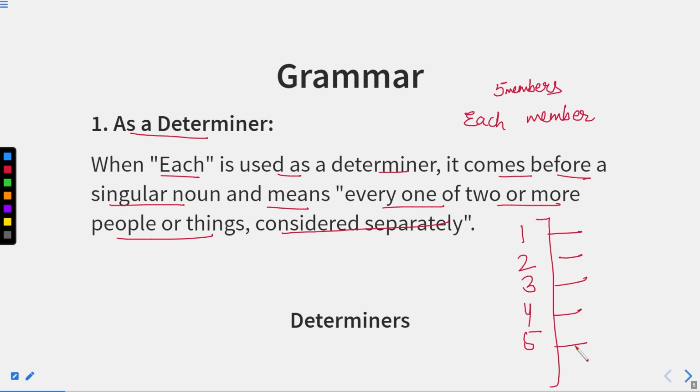But if I say each member, it means I'm focusing on each and every person individually, that the 1st has his own flat, the 2nd has his own flat, the 3rd has his own flat, the 4th has his own flat, and the 5th has his own flat. So, in this case, each is always followed by a singular noun, because each means to consider everyone individually or consider one at a time.